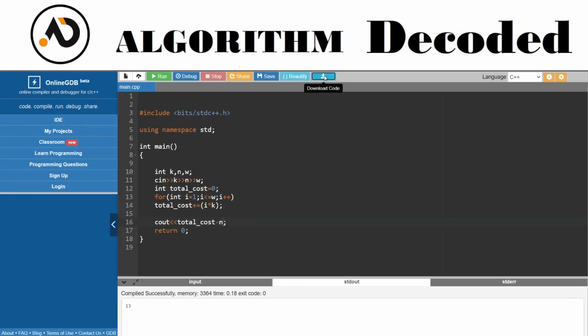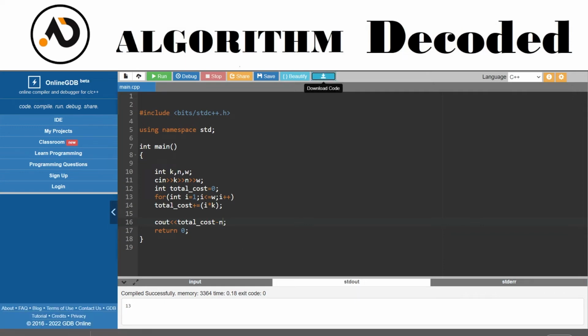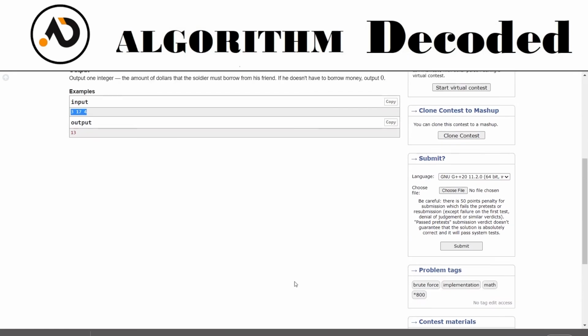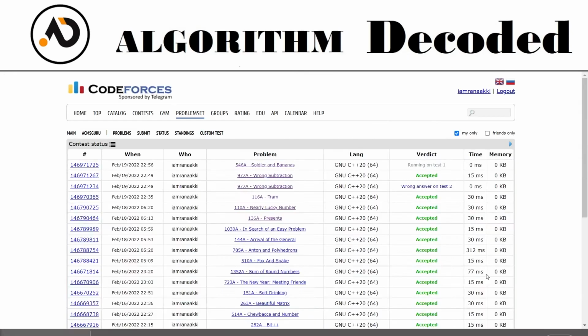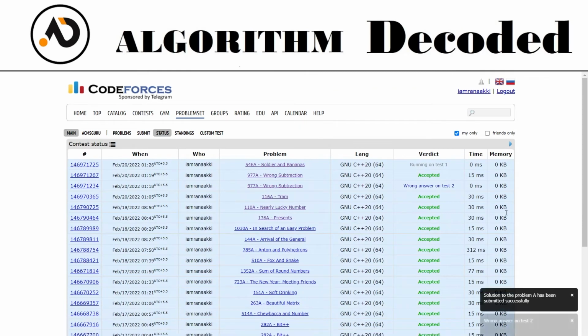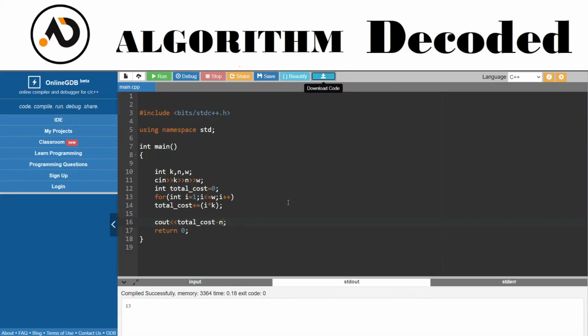So let's download this code. This is our 15th question from the Striver CP sheet, and let's try submitting it. So it threw an error on the second part.